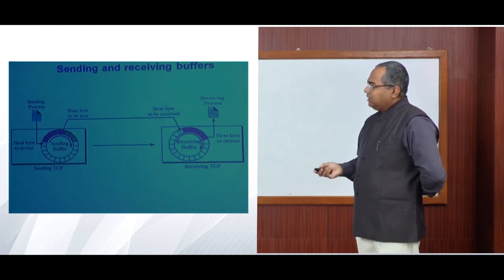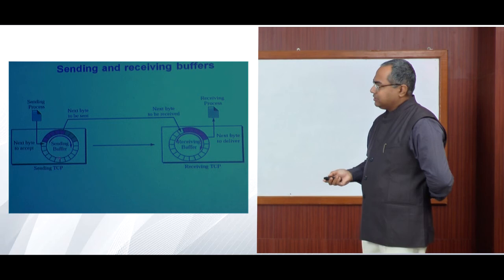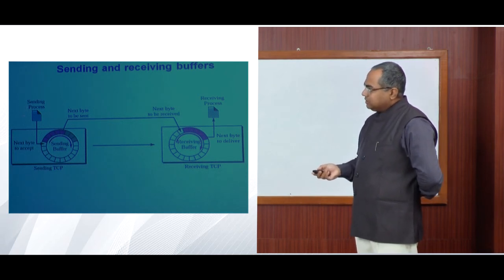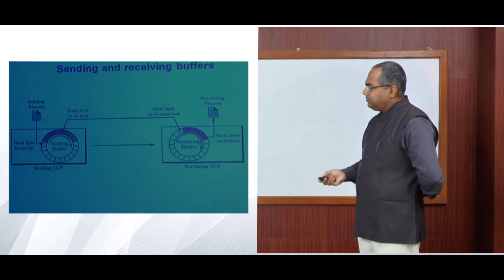Sending TCP buffer, we are representing it as a circular buffer. It has three types of cells, as you can see here, color coded: one is white, another is pink, another is ash colored.